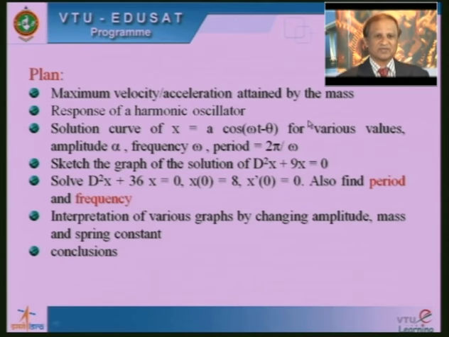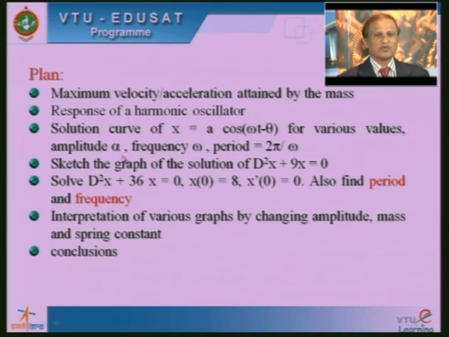It means how we are going to calculate velocity and acceleration, and how we are going to draw the response of a harmonic oscillator, and the solution curve of x is equal to a into cos of omega t minus theta for various values of amplitude, frequency and period.